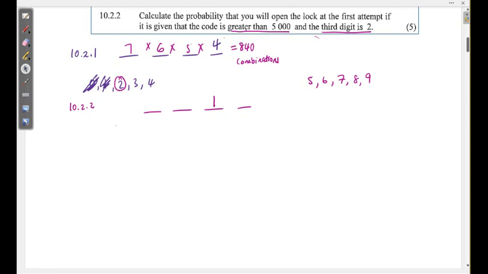Now, okay, for the second one, that's where the 3 and 4 is going to come into play. But for this one, for this first position, you could say I start with a 5, a 6, or a 7. You could start with these 2 first, and then you can maybe end with the rest.